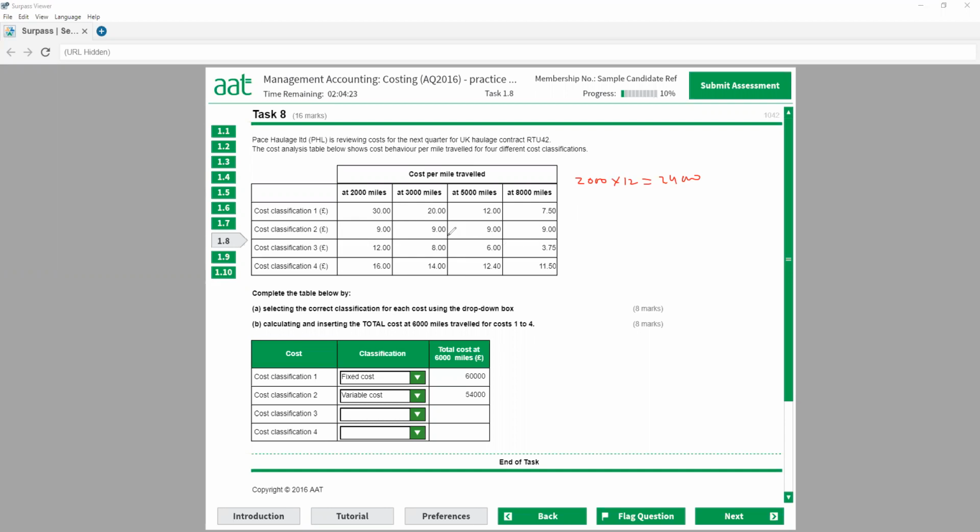The next one is 3000 times 8, and again it is 24,000. Then 5,000 times 6 is 30,000. And 8,000 times 3.75, again it is 30,000.